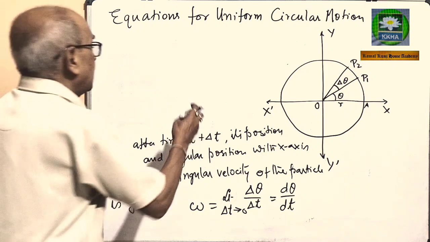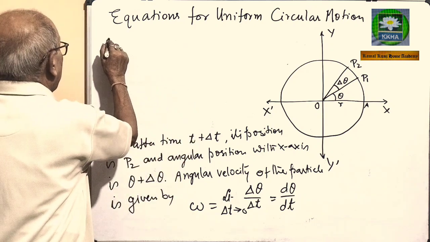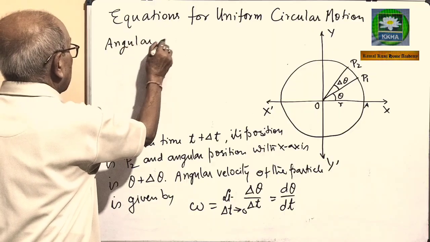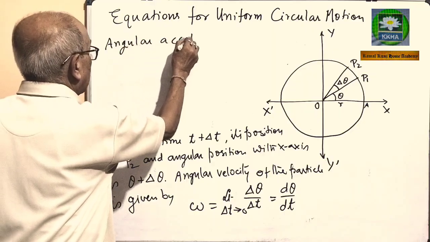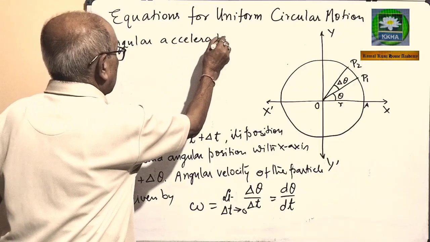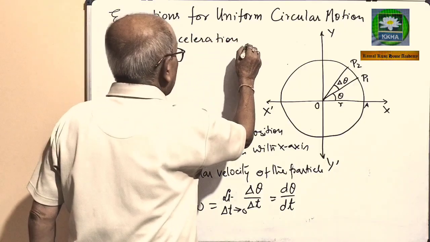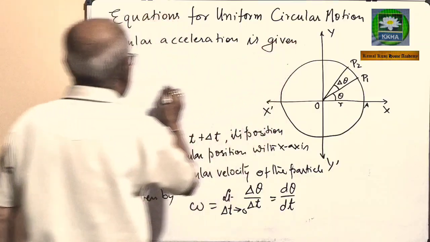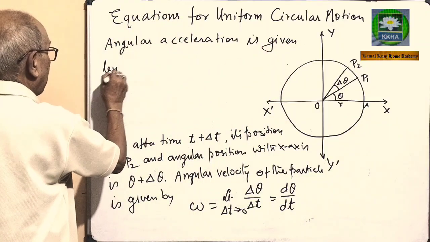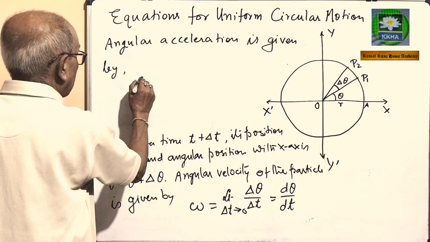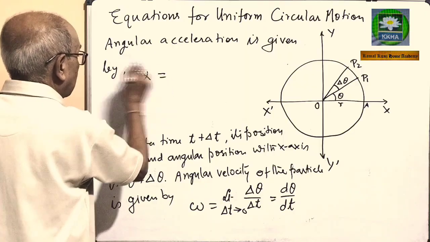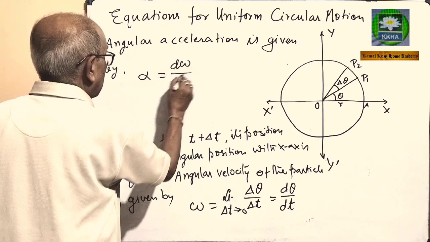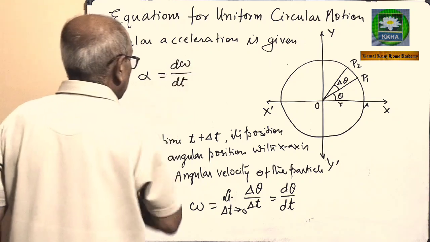Now, angular acceleration is given by alpha equal to d omega upon dt.